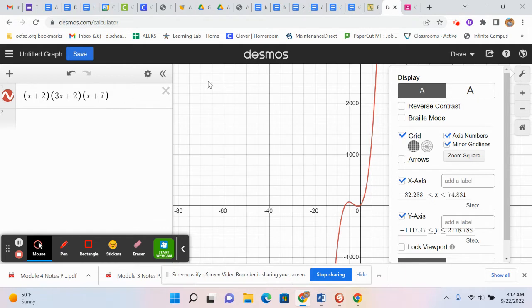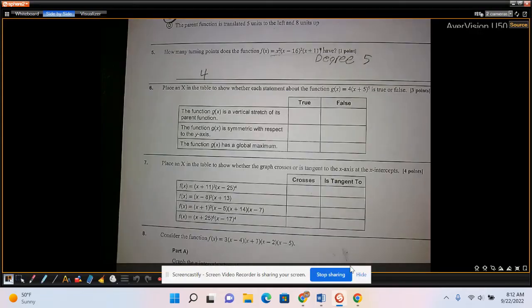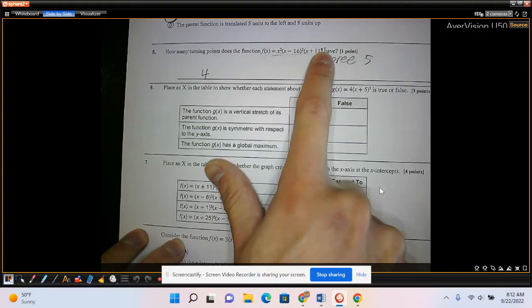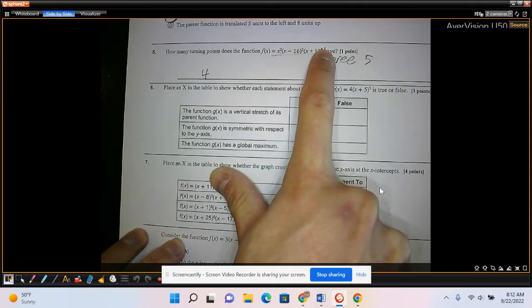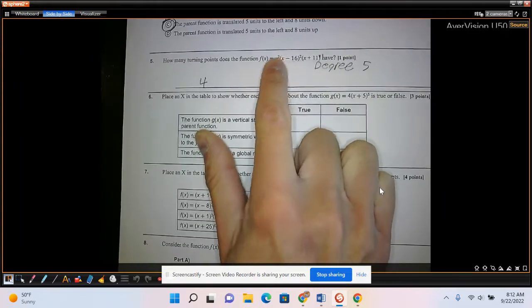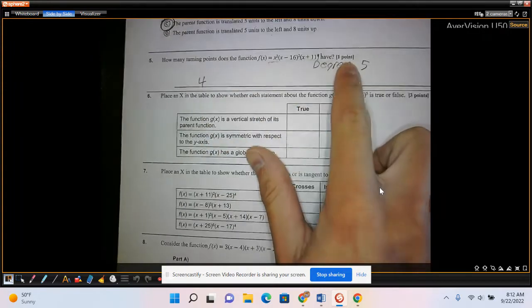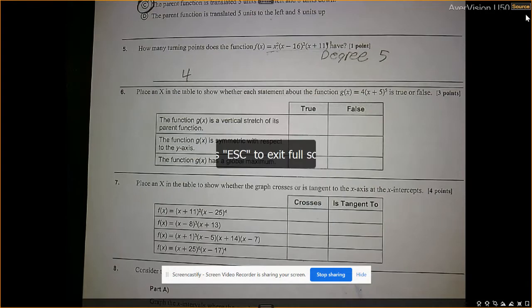If I were to take the time to plug it all in, we would see that it changes direction 4 times. Otherwise, you can just remember the fact that, okay, degree is all the exponents added together, and when you don't see an exponent, it's because it's just raised to 1, okay? So I added up 2 plus 2 plus 1, that's degree 5. Turning points is always 1 less than the degree. So a few ways of thinking of that one.